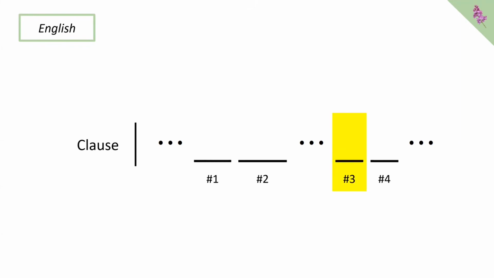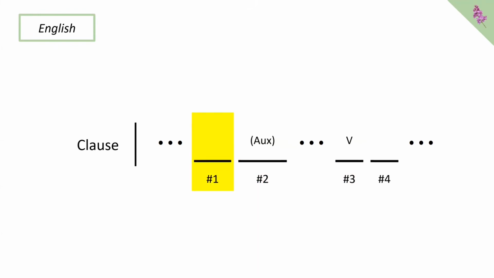Position 3 is occupied by the verb. Position 2 can be occupied by auxiliaries, but, as indicated by the parentheses around aux, it can also be left empty.